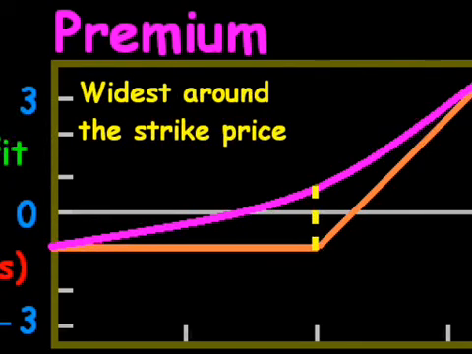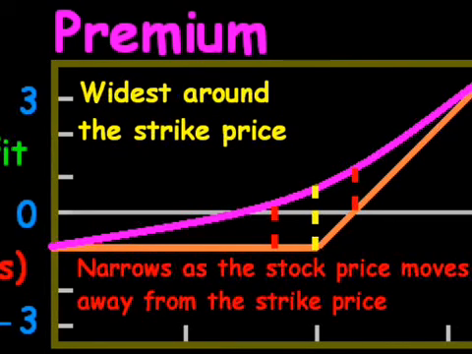So the closer we get to the strike price, the larger the premium component of the option price is going to be. And as I've highlighted in red here, the premium is going to narrow as the stock price moves away from the strike price. So the further away from the strike price we get in either direction, the smaller the premium is going to be for an option, because there's less uncertainty in those situations.